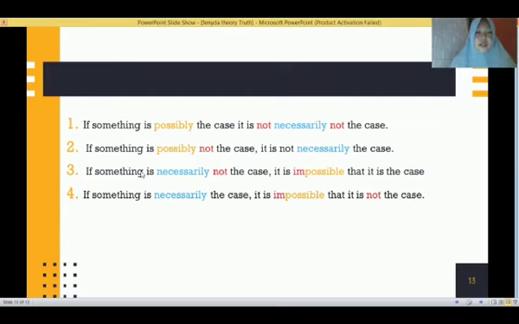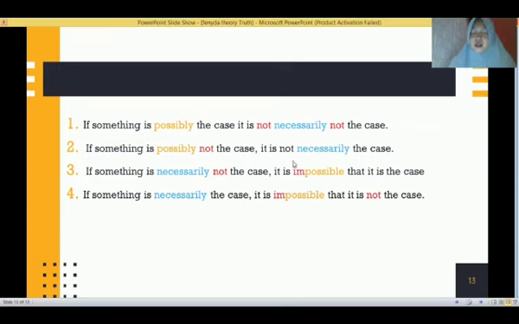Next. Number 3, if something is necessarily not the case, necessarily not or negation, negative statement, the case is P. It is impossible.